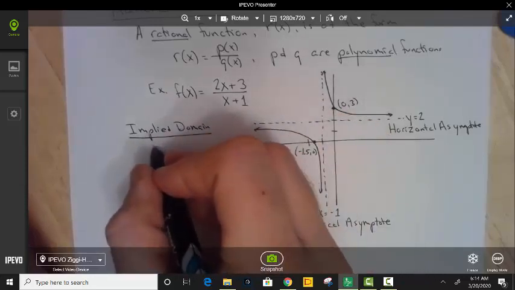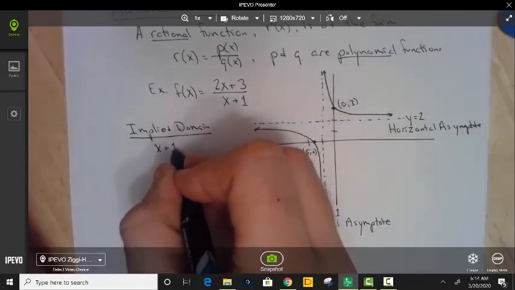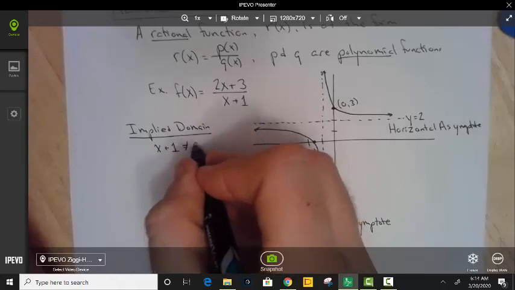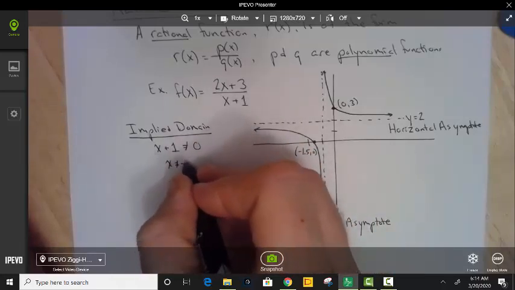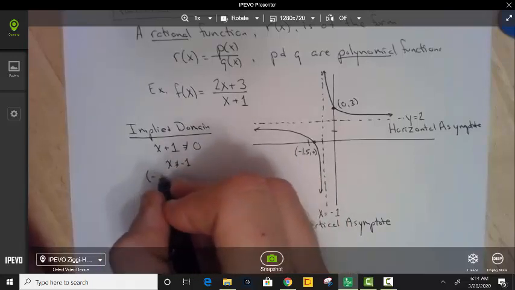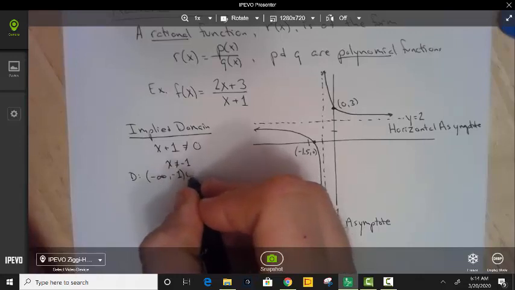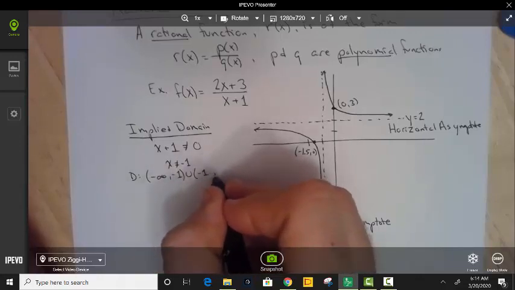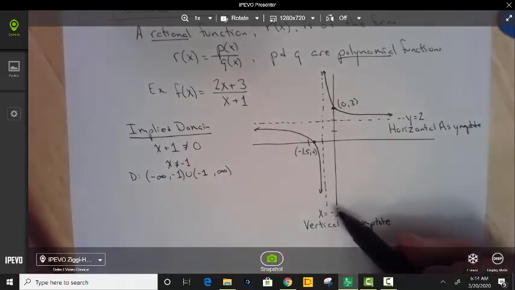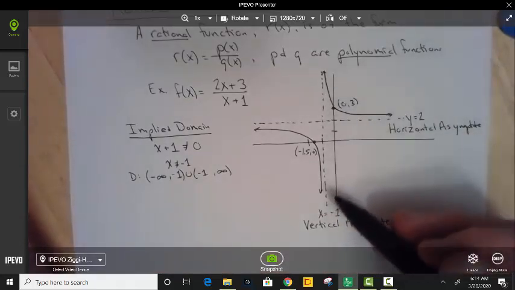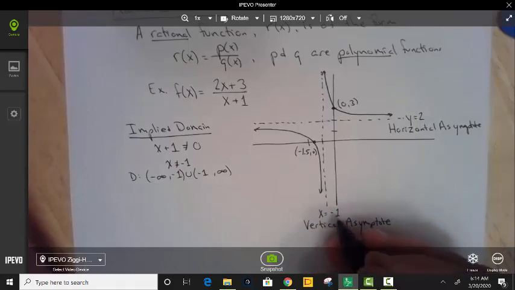So since we're dividing by x plus 1, and x plus 1 cannot equal 0, that means x cannot equal -1. So we know the function's domain is -∞ to -1 union -1 to infinity. And so what we see is at -1 we end up having this vertical asymptote.